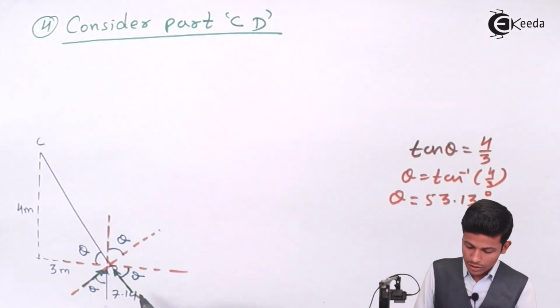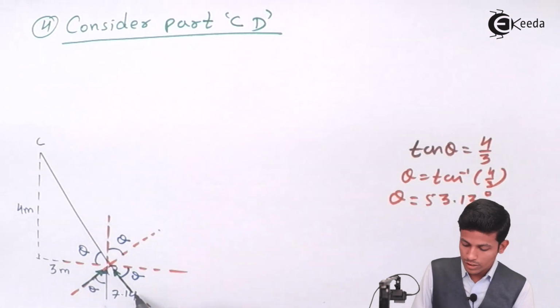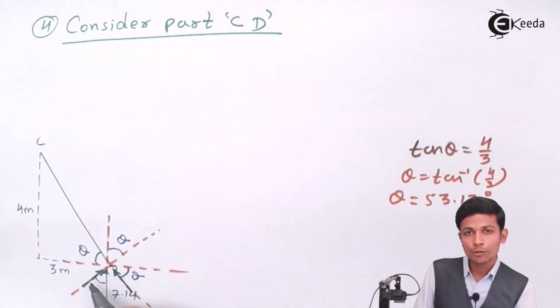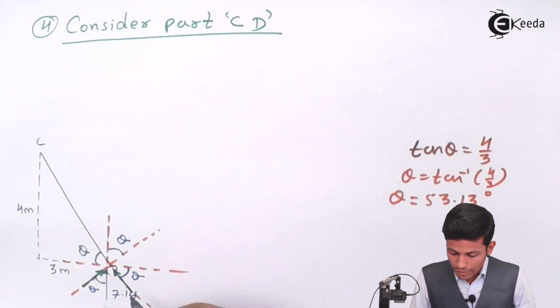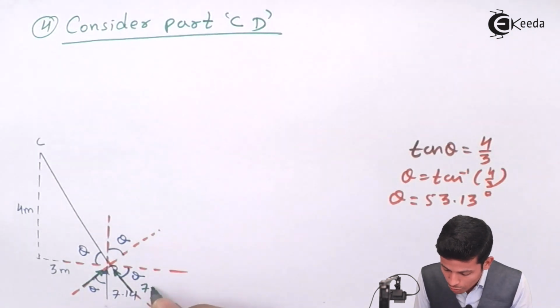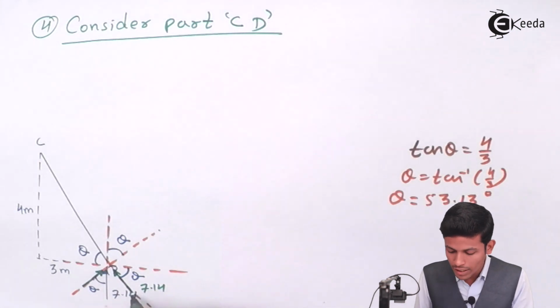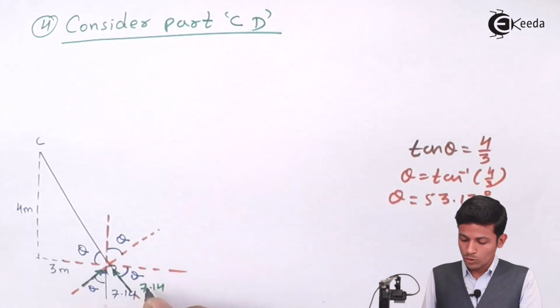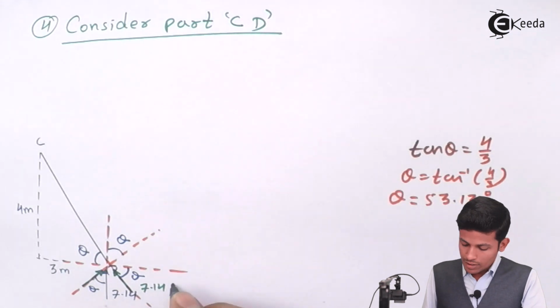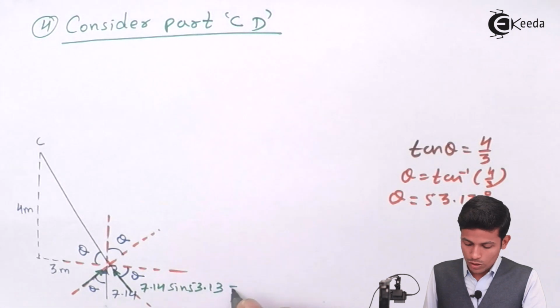This arrow will go here, this arrow will go here, because this is your axial diagram, this is your shear force diagram. Now see, how will its value become? We are resolving this to this here, because here is no theta, so 17.14 sine 53.13 is equal to 5.71 kilonewton.